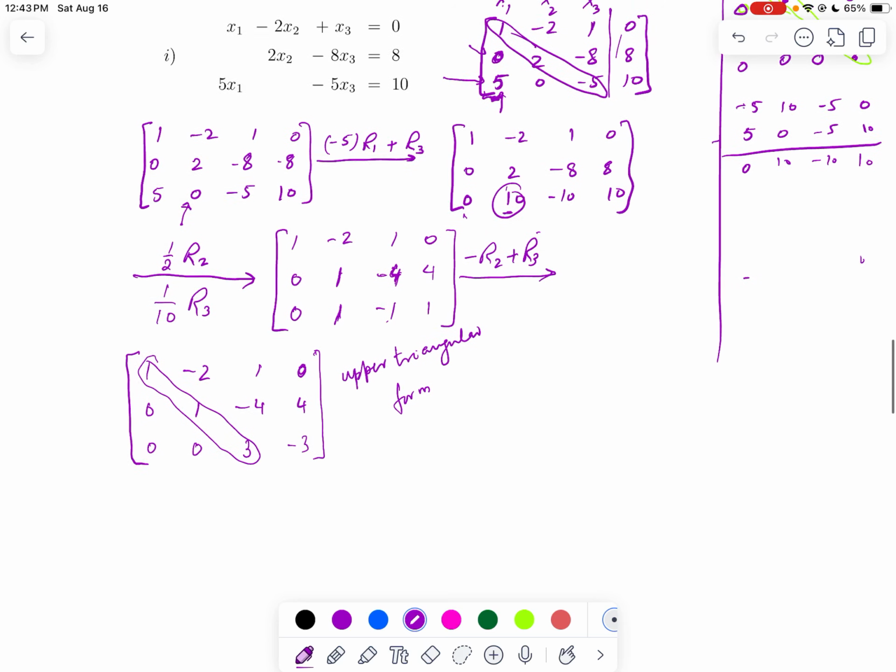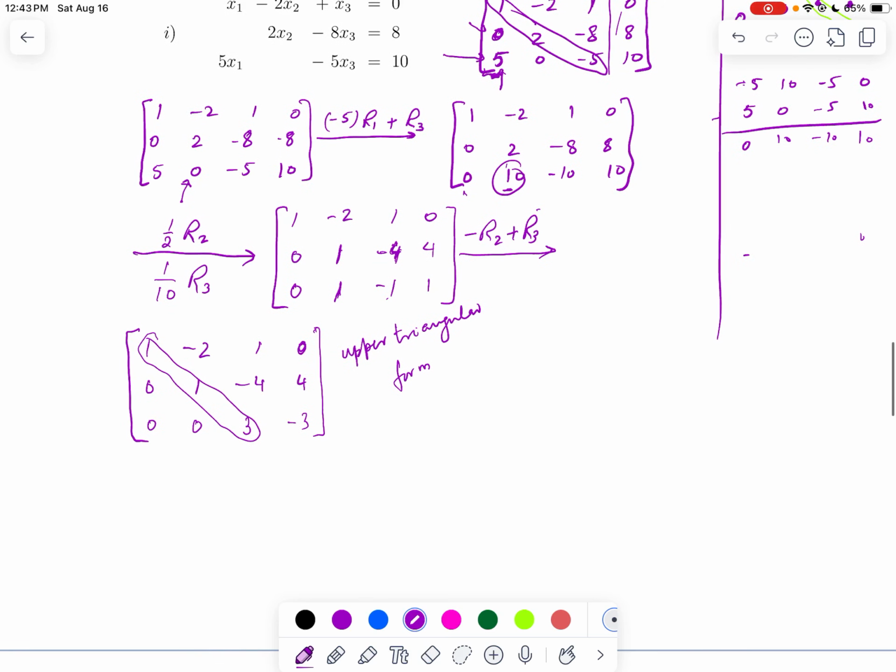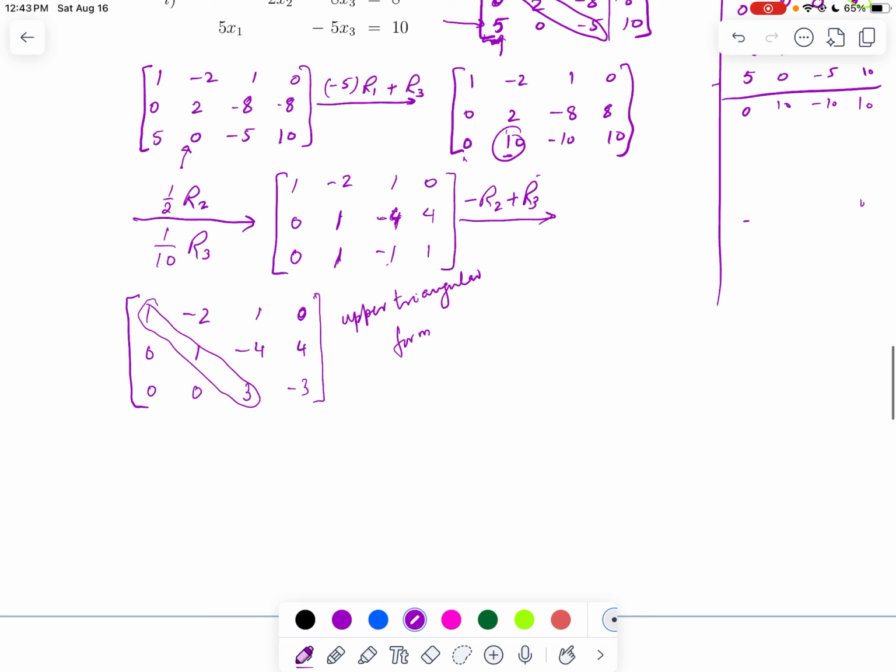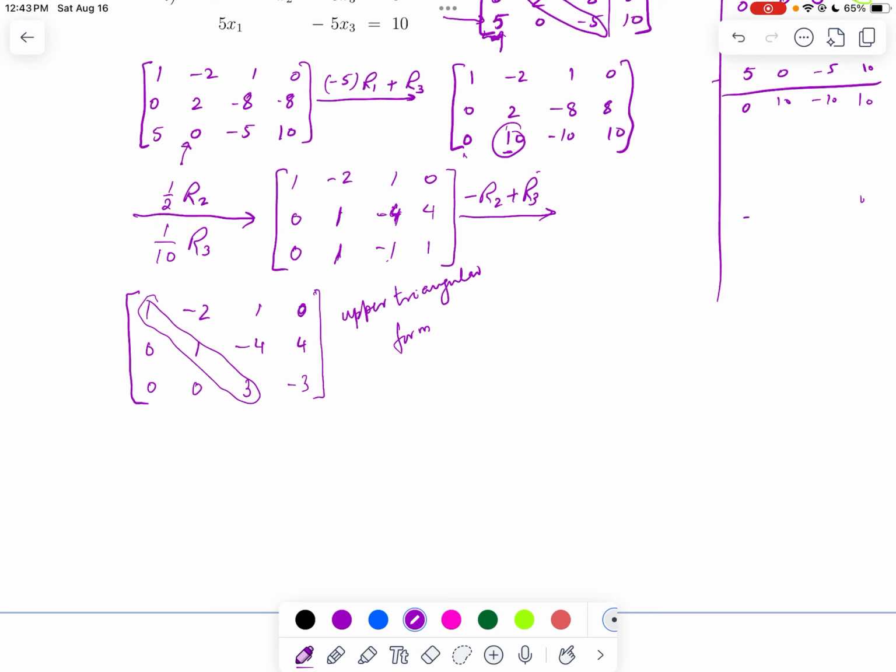Okay, so after we get here, now we can do something we call back substitution. For that, you need to go backwards and rewrite the equations that correspond to this system. So let's write the equations. Remember these are the coefficients of x1. The second column gives us the coefficients of x2. Third gives us the coefficient of x3, and these are for the value b.